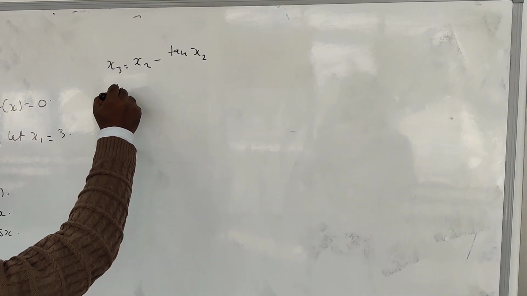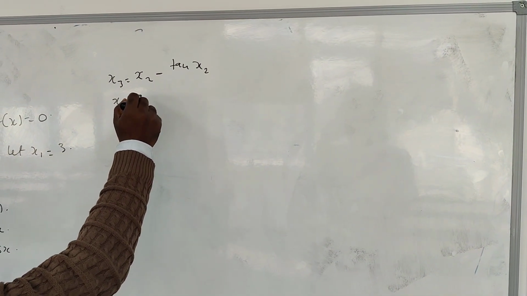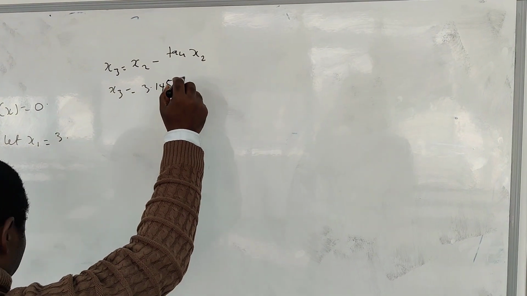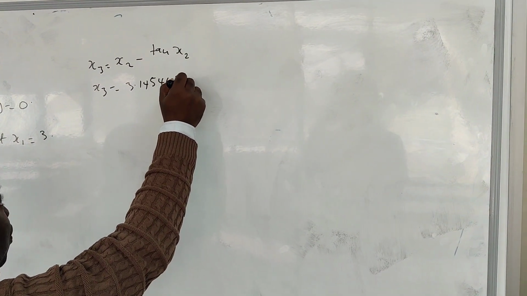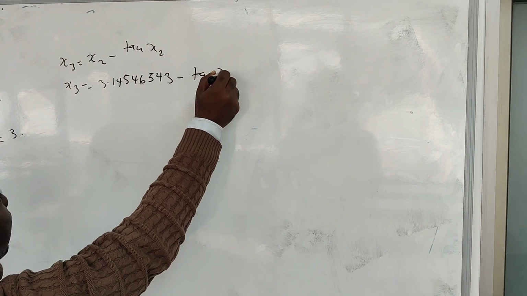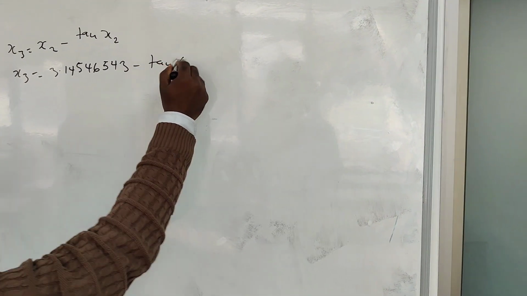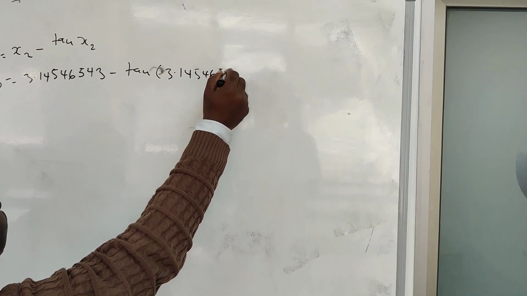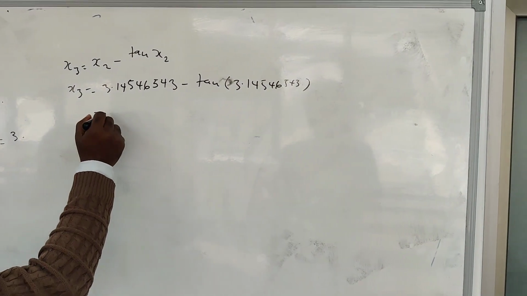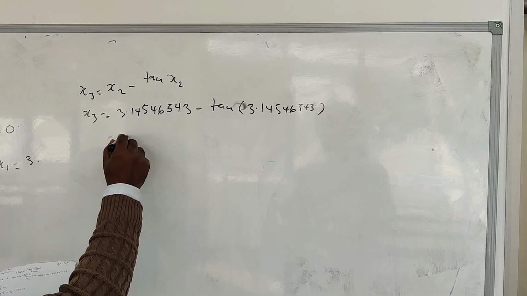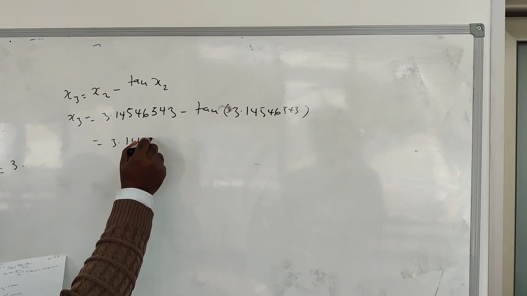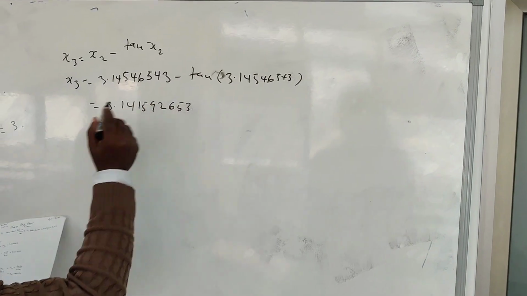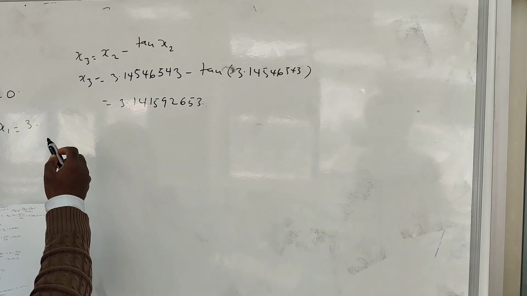So we have x3 equal to 3.142546543 minus tan of 3.142546543. If we simplify this, we are going to have 3.141592653.